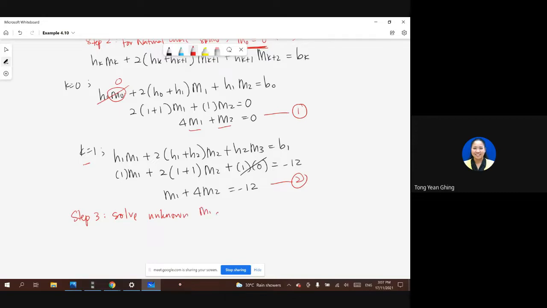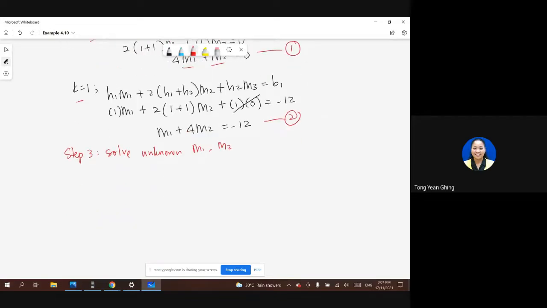M1, M2. It doesn't matter what method you want to use to solve it. You can use the system of linear equations that you learned before, or you can just use a calculator. I will use the Gauss elimination, the same as in the book.